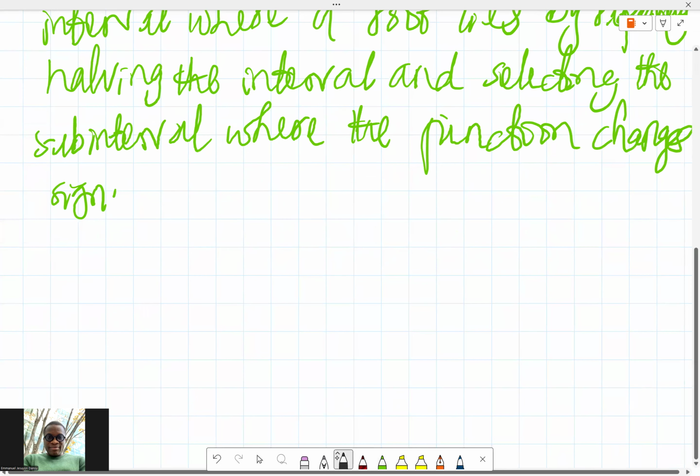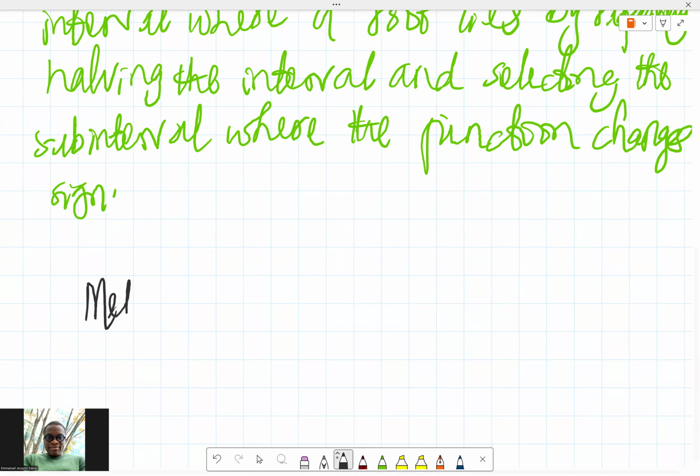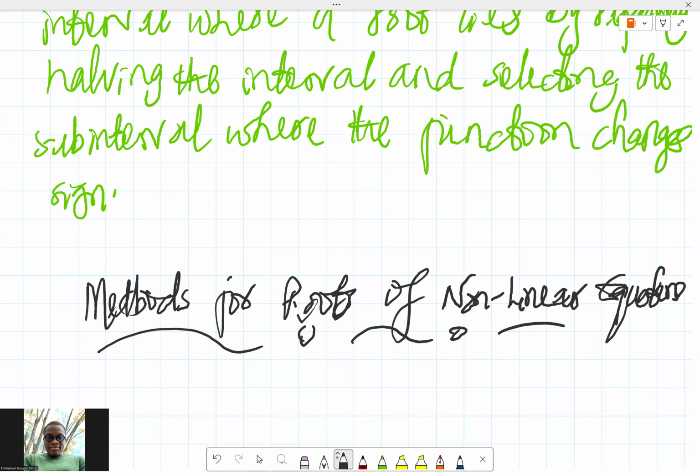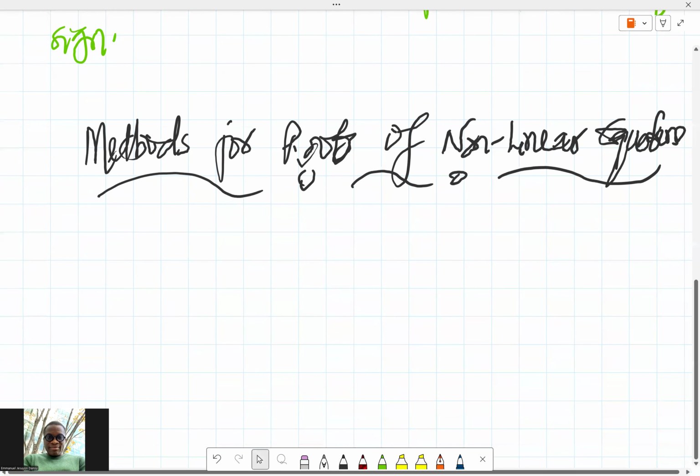Now, I think I should have done this before now, but I'll still do it. Generally, if you talk about methods for roots of nonlinear equations, this should have come first. Bisection is the first one in it, so I'm going to go back to that.